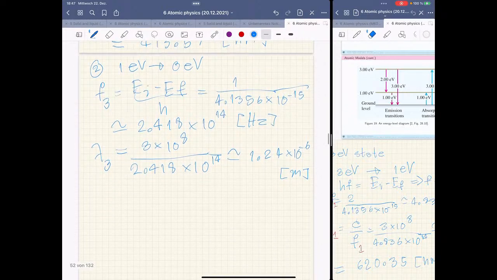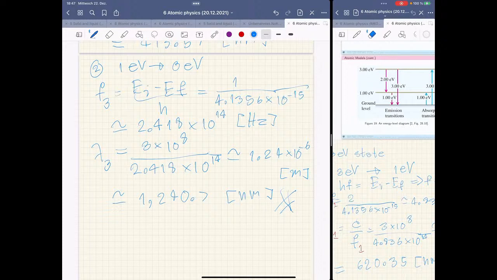Please note that it's negative 6. So if you convert it to the nanometer scale, it's going to be 1,240 nanometers. Okay, and that's all about the photon behavior, photon properties.